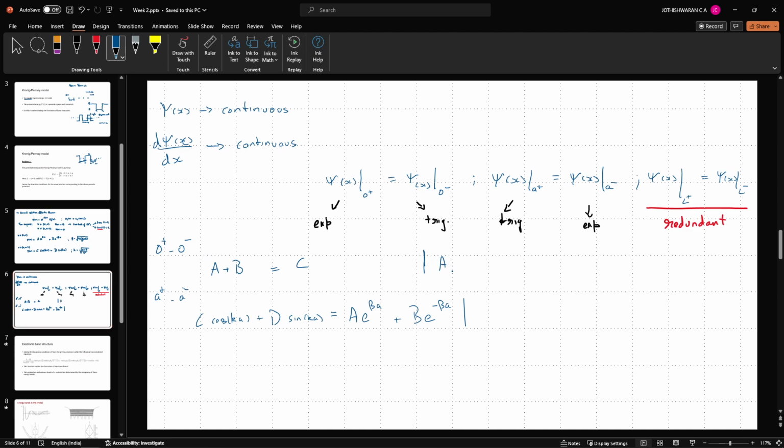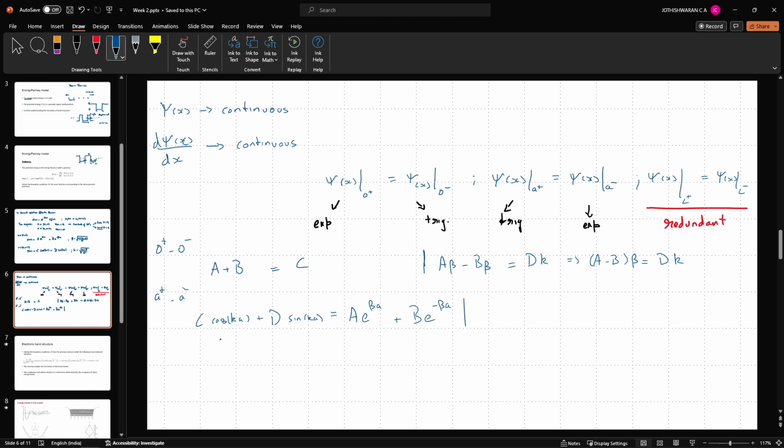So what we will be left is a beta minus b beta is equal to, on the other side, c times minus k sin kx plus d k cos kx. Now the factor corresponding to c will vanish. So what we will have here is dk. This implies a minus b into beta is equal to dk.